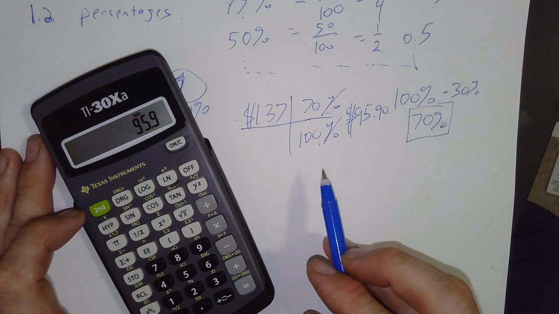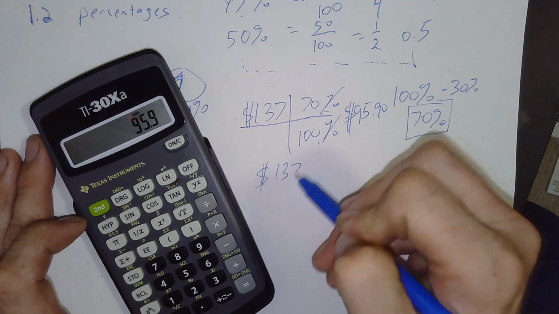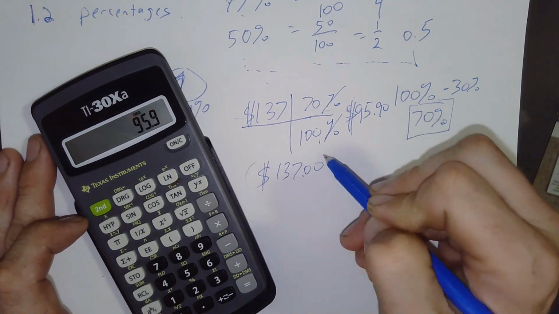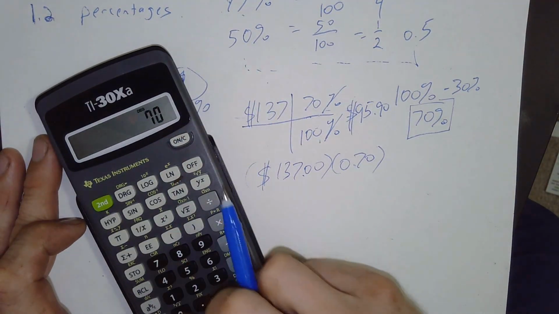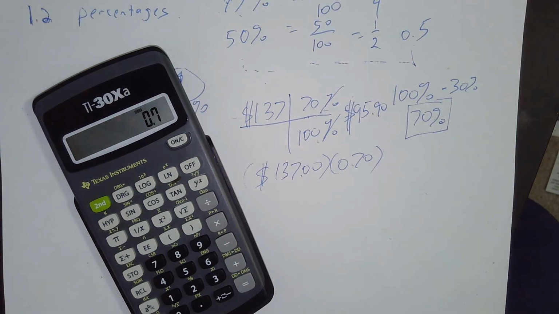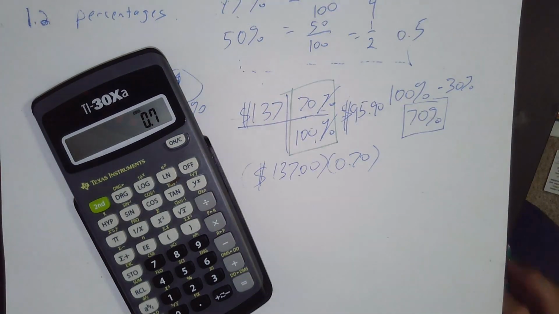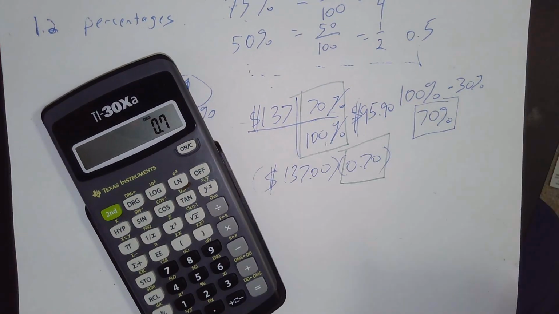I guess I did do a little bit of unit analysis there. Or you could do it really easy and just say, okay, this is $137, and I'm going to multiply that by 0.70, because 70 divided by 100 is 0.70. I'm just going to do this part first, and that's what this part is.